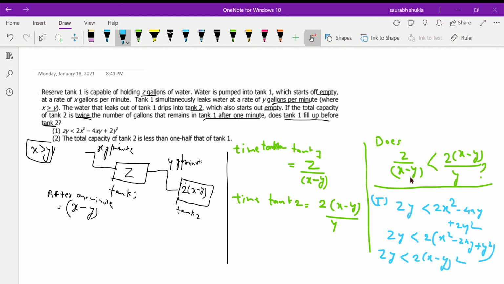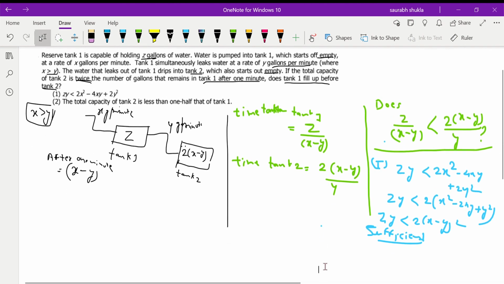Now if you look at the question, it is simply the same thing. The information in statement 1 is straightforward. They are saying that yes, this is true. So this is sufficient to say that this is true, because this is what they are actually giving us. They are directly giving away what they are asking. So this is sufficient.